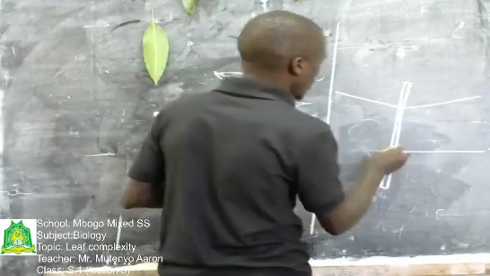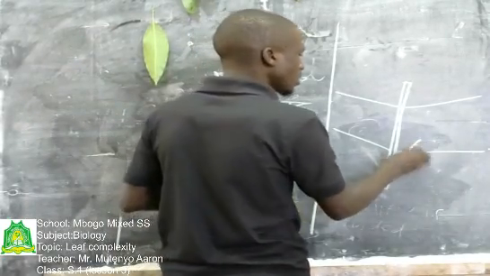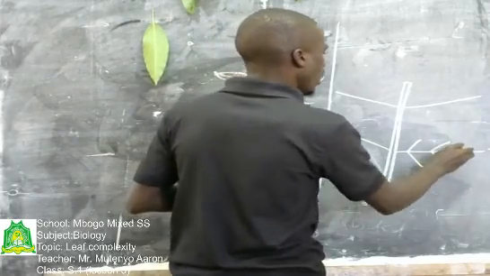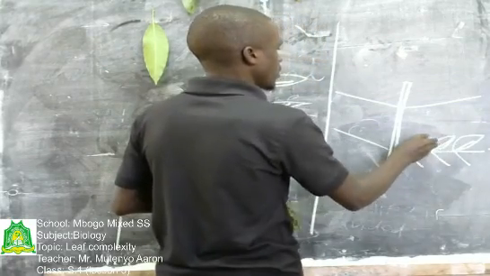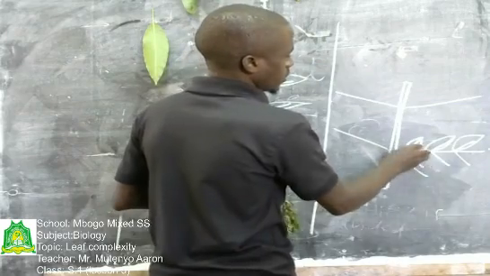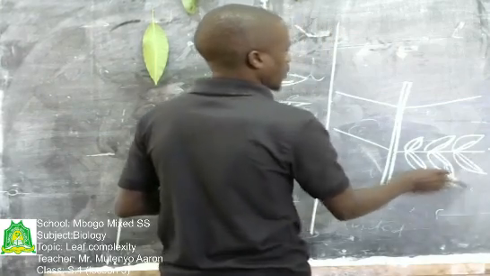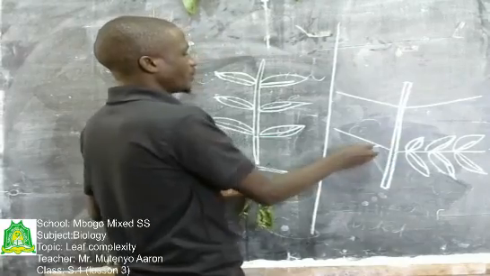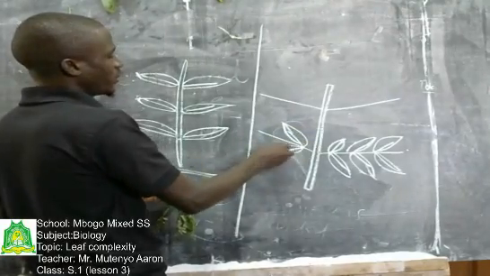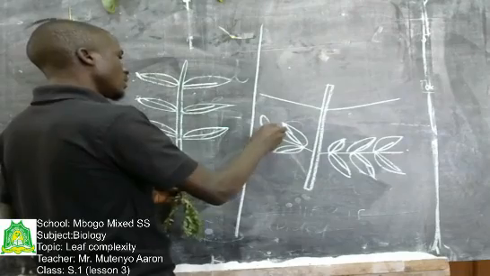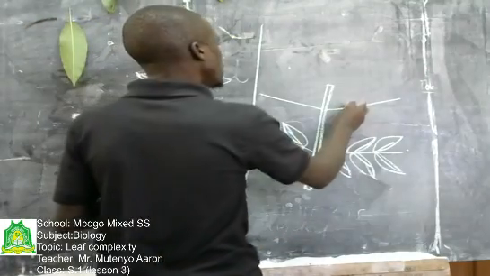But again, these leaflets have also branched to give us what we call smaller leaflets, something like that. So you can see smaller leaflets from a leaflet, further divisions.